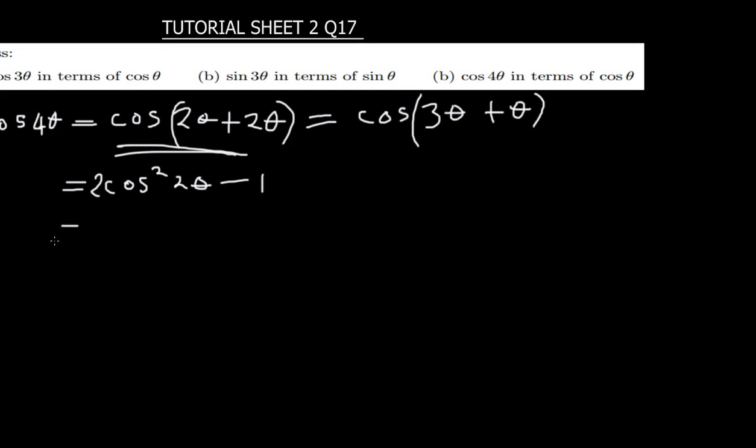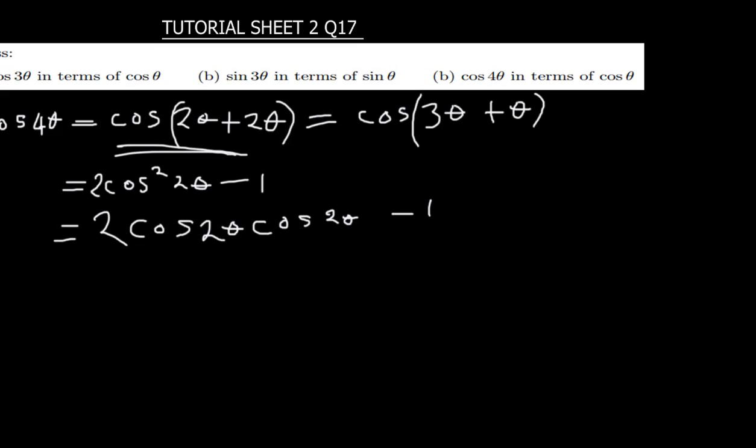And then this cos squared 2 theta can also be written as 2 cos 2 theta times cos 2 theta again, and then minus 1 this side.